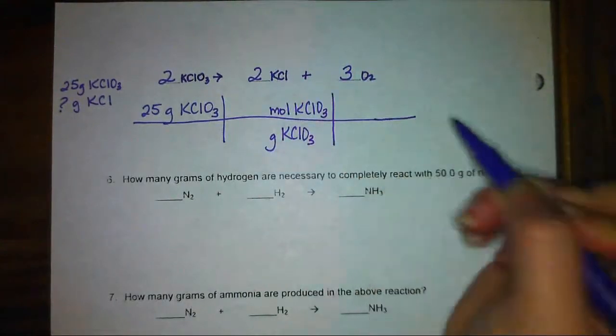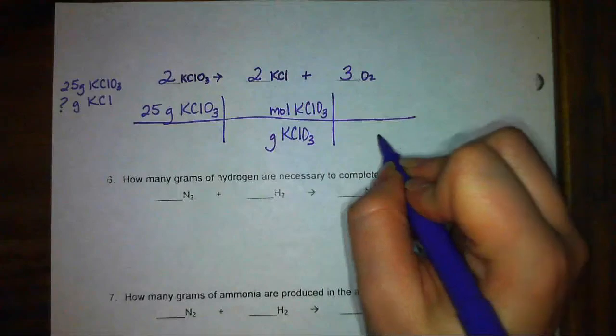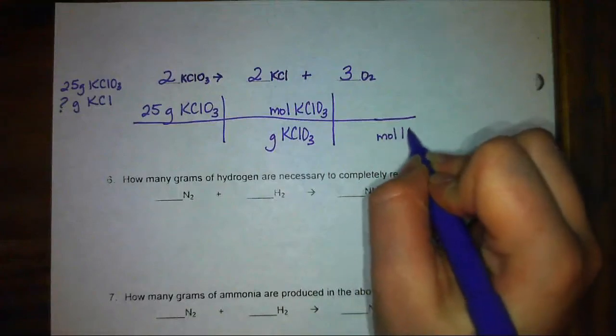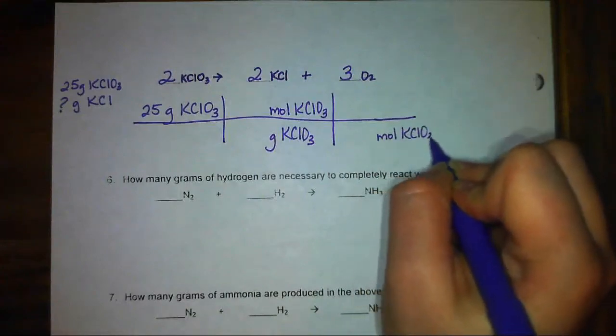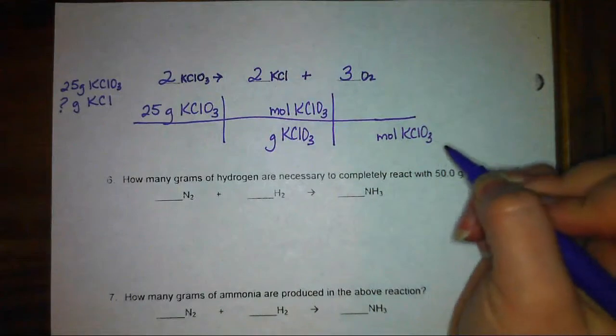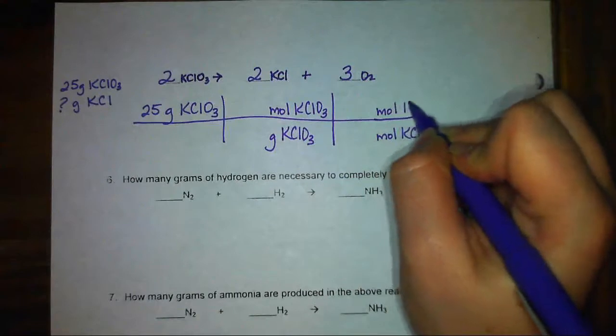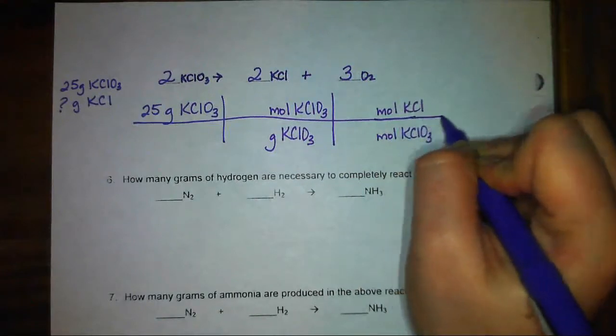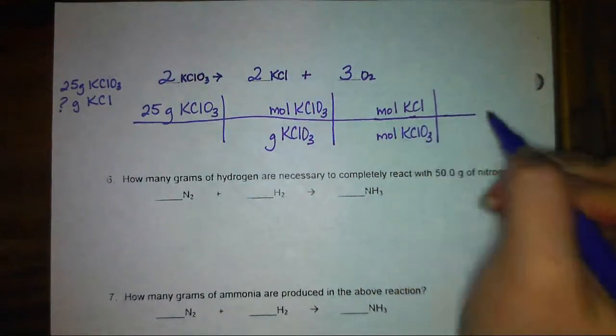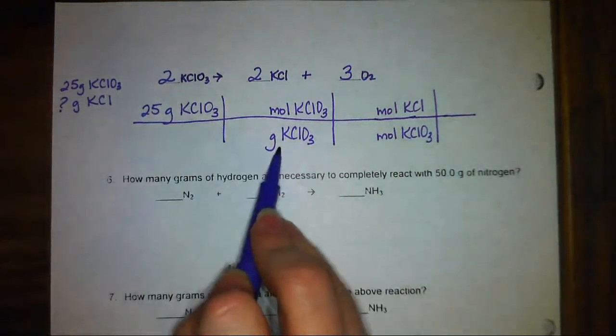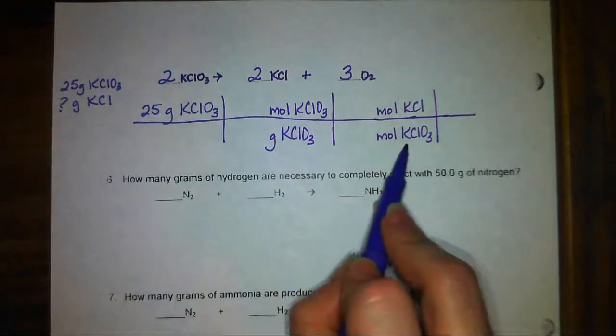Now that I'm at moles of potassium chlorate, that's going to be my next unit on the bottom. I can now go to moles of my other substance, which in this case is moles of potassium chloride. Okay, so these units are going to cancel. These units are going to cancel.